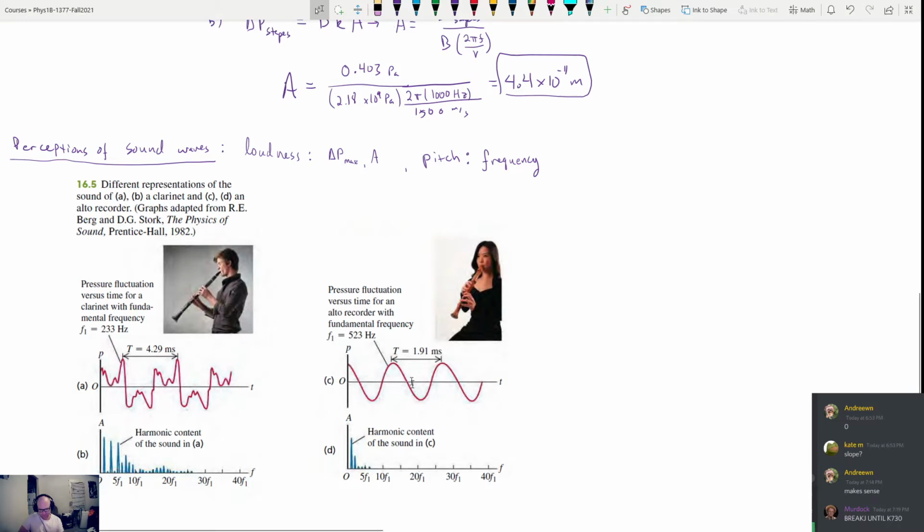Like, it's like a tilted sine wave, right? Can you see how this slope is not the same as this slope? I didn't notice this earlier. Look at this slope on the upslope and compare it to the downslope here. Can you see the upslope is much steeper than the downslope?